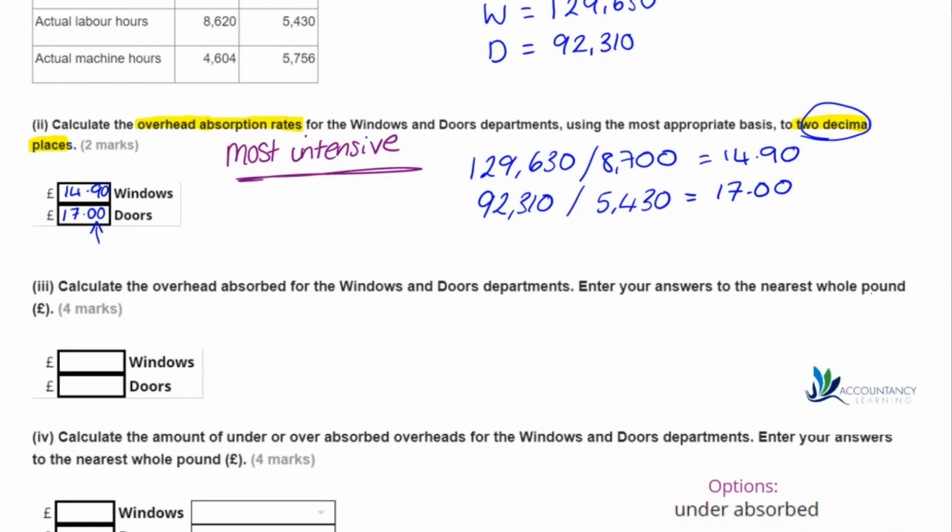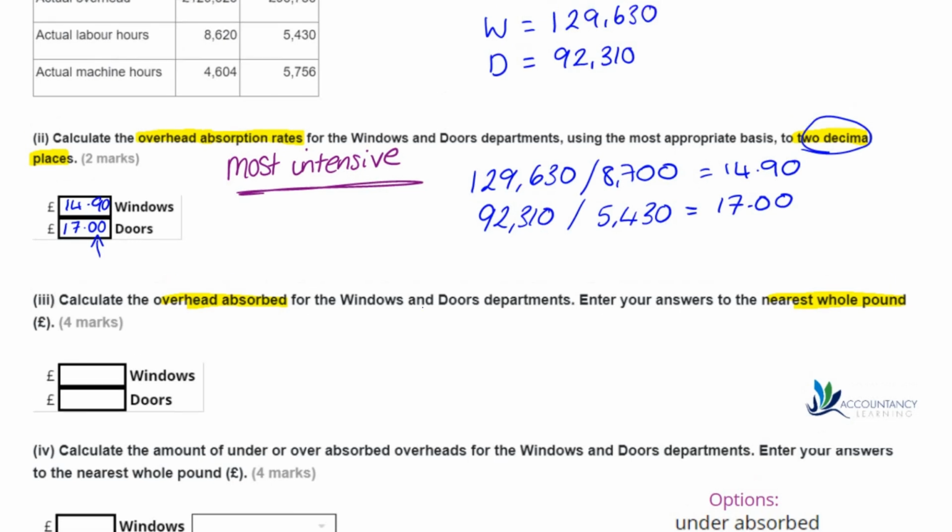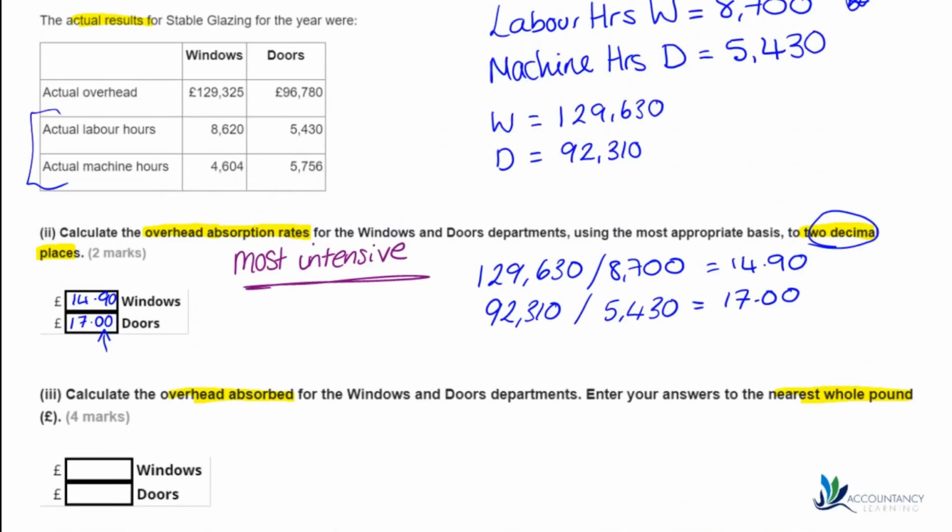Then we're asked to calculate the overhead absorbed for the windows and doors department, and this time we enter our answers to the nearest whole pound. So what we now need to do is work out what has actually been absorbed based on our actual hours using our overhead absorption rates that we've just worked out.